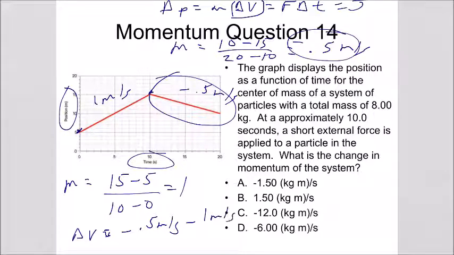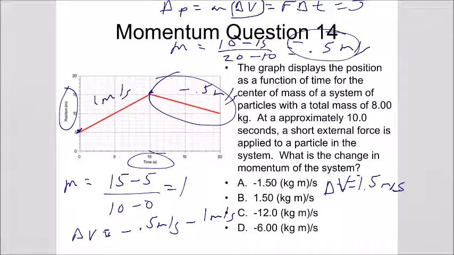So our change in velocity is negative 1.5 meters per second. Now be careful and don't mark negative 1.5 as your answer, because we're not looking for change in velocity, we're looking for change in momentum.